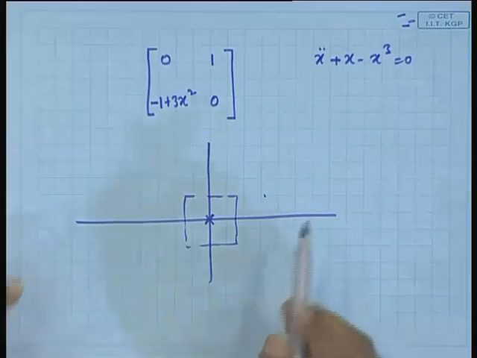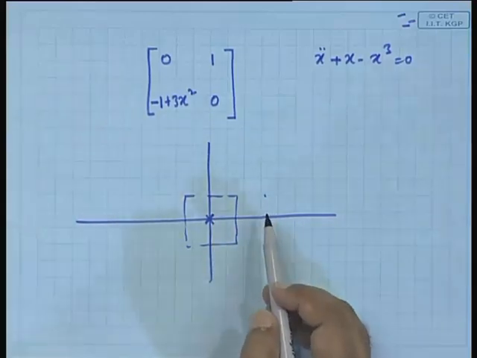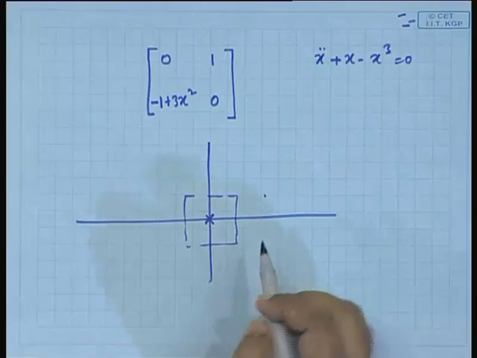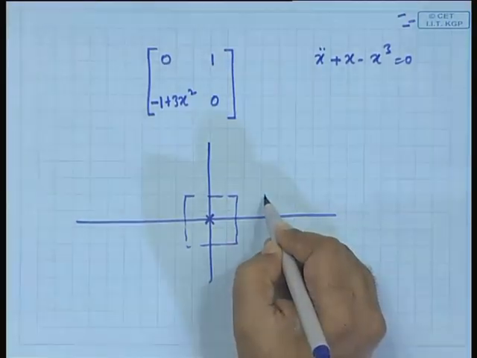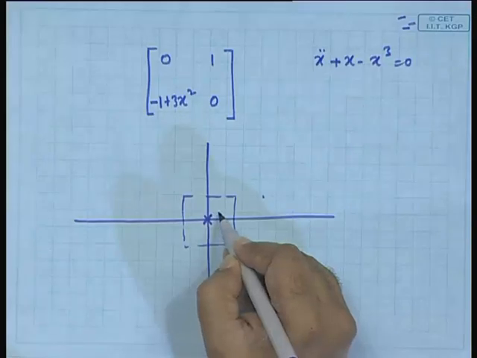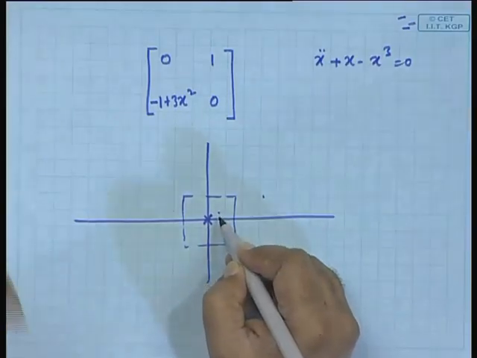So, the right way of working out the real character of the state space would be to start from an initial condition, say here, and then work out by the Runge-Kutta method.